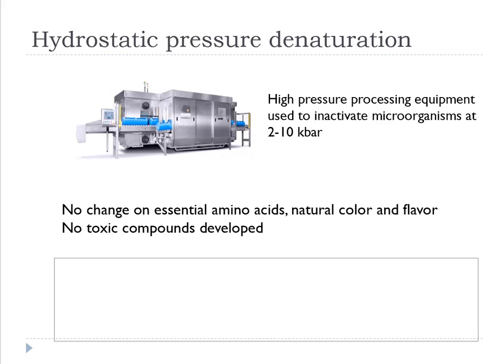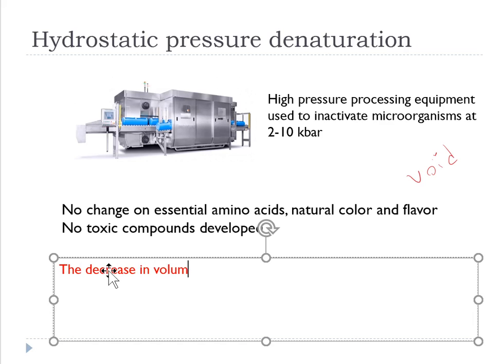Proteins contain void spaces that can be compressed under high pressure. So what happens? The decrease in volume occurs due to elimination of void spaces.